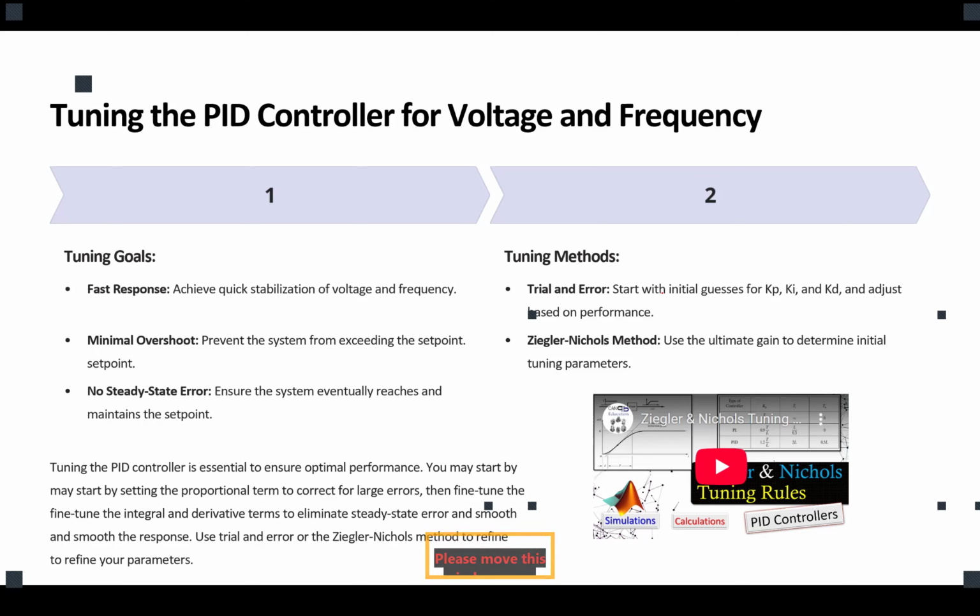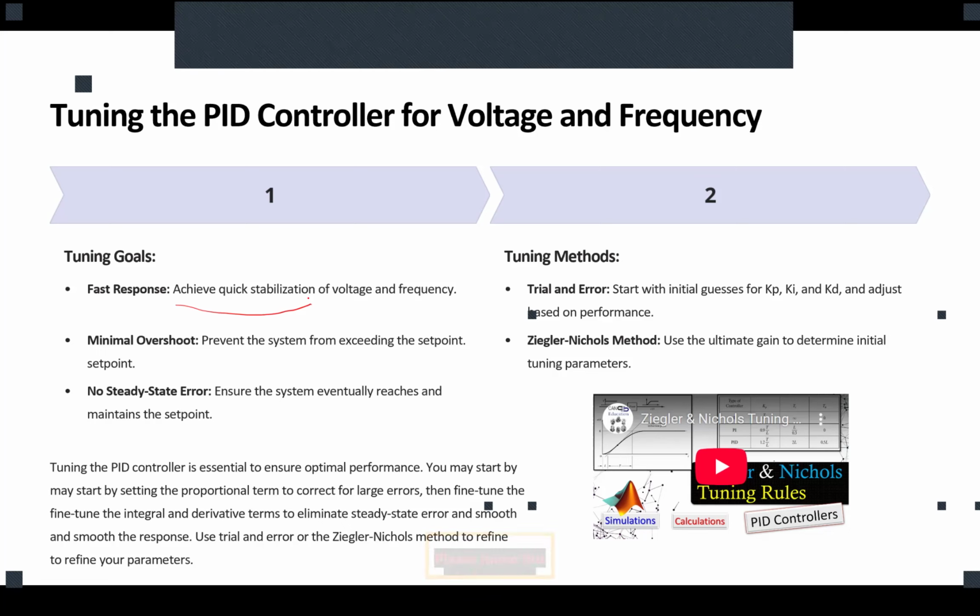Okay, now for tuning, what are the goals of tuning? We want quick response, minimal overshoot, no steady state error. Are we good? For quick response, we know what to play with, that's KP.